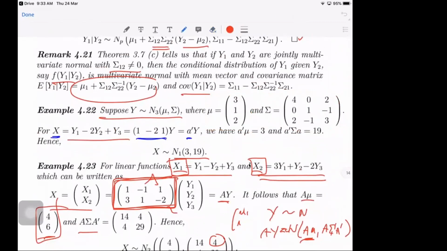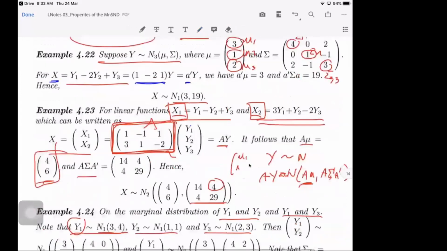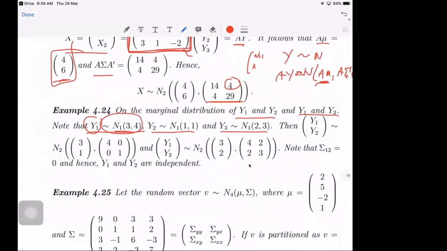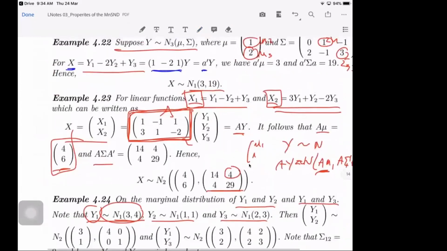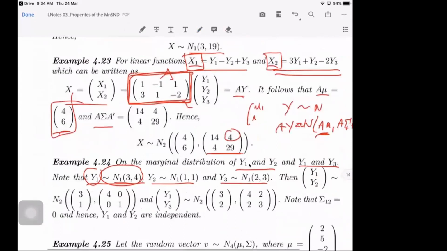Particularly for y1, this is mu1 and this is your sigma 1,1. So that is the distribution. For y2, this is mu2, this is sigma 2,2. For y3, this is mu3, and this is sigma 3,3. So y1 is 3, 4, which is this. y2 is 1, 1, which is this.